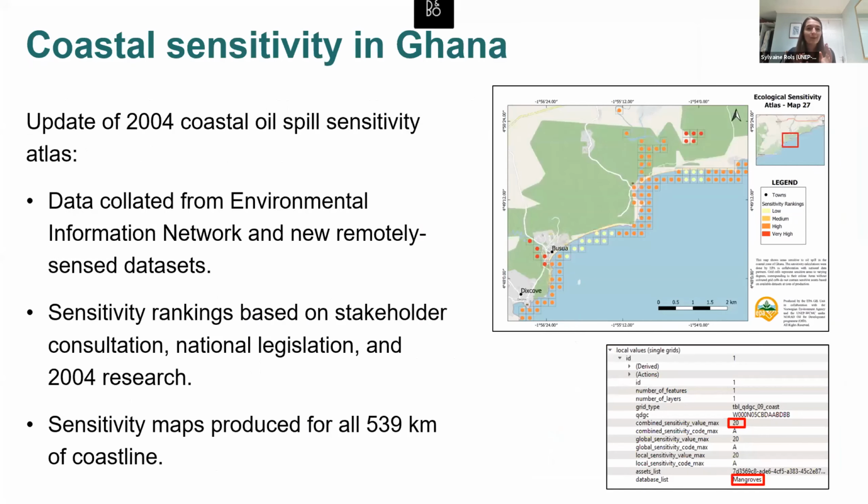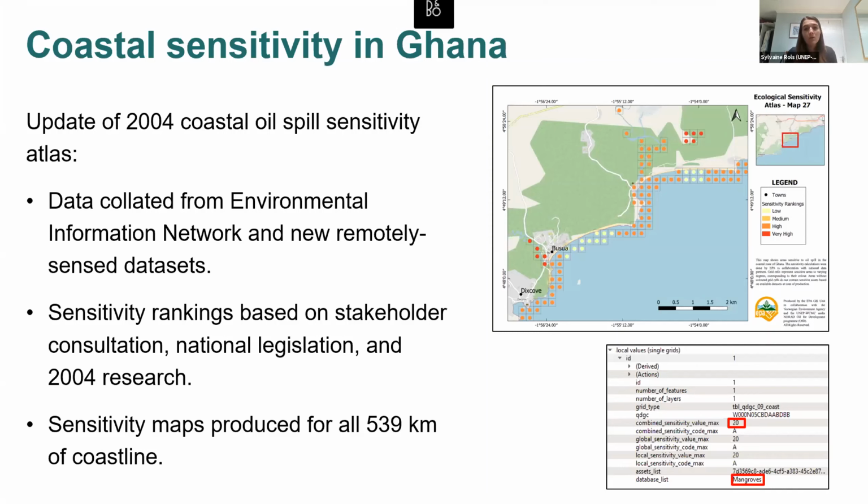But first, let's look at how this has been applied in practice with one of our partner countries, which is Ghana. So Ghana's Environmental Protection Agency, the EPA, was looking to update its 2004 Coastal Oil Spill Sensitivity Atlas to account for changes in the distribution of both its ecological and socioeconomic assets and highlight their sensitivity to oil spills, which can originate from both shipping as well as offshore extraction activities within the Ghana coastal waters.